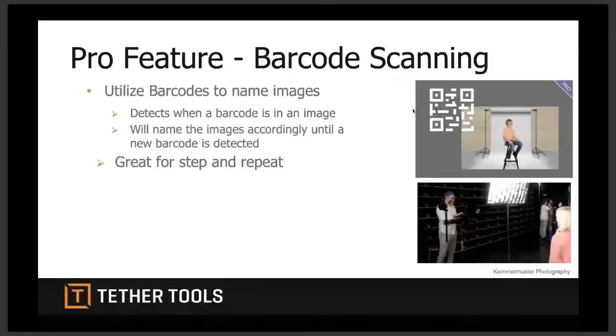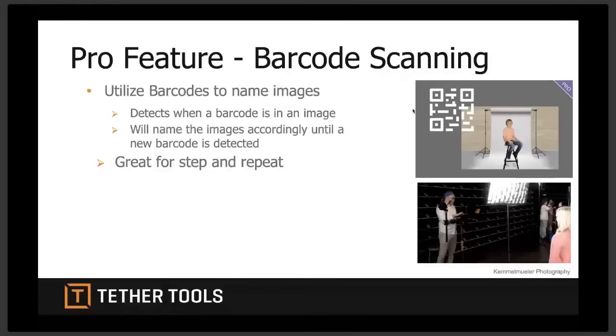They hold it up. Smart Shooter sees that, grabs that data, and when it saves the image name to disk, it could be Josh_Kenzer_1, Josh_Kenzer_2, and so on and so forth. Once the next kid comes up with their barcode, they hold it in that first image. Smart Shooter recognizes it, and now it's Catherine_Sly_1, Catherine_Sly_2, and it just keeps changing that image name for you.